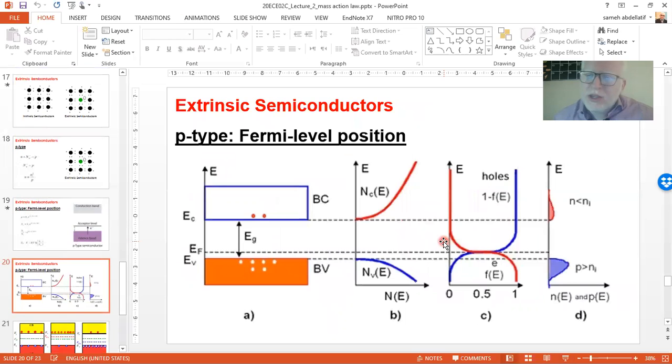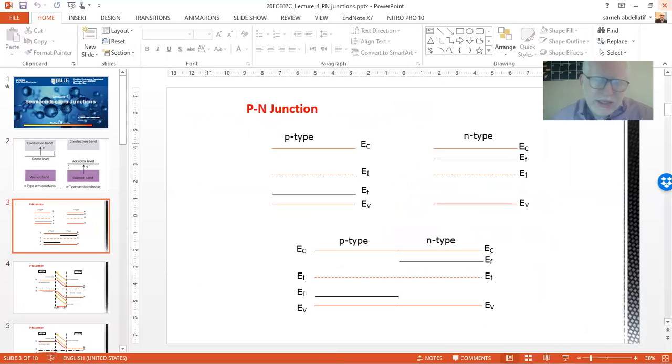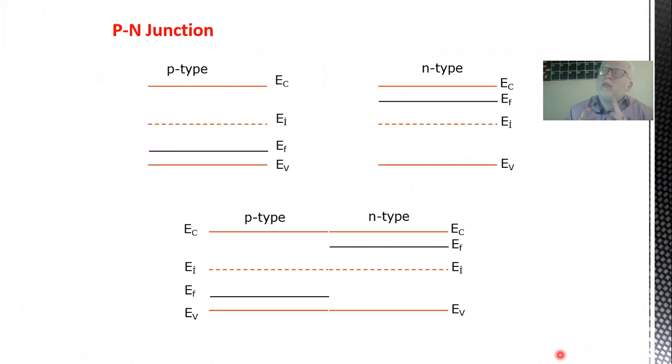So, very simple. What is common here is the Fermi level. Whenever you combine any junction, PN junction, transistors, whatever device you are going to plot its energy band diagram, then you should have a fixed Fermi level.